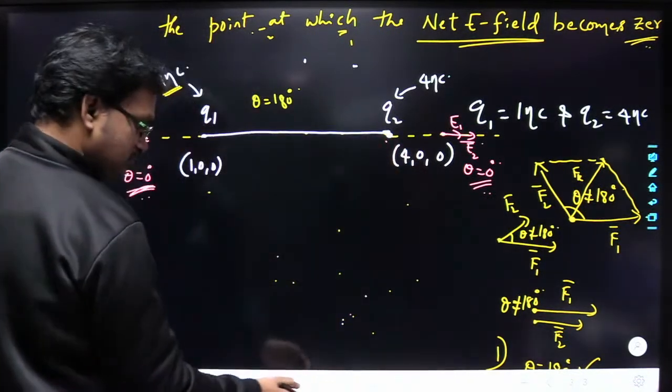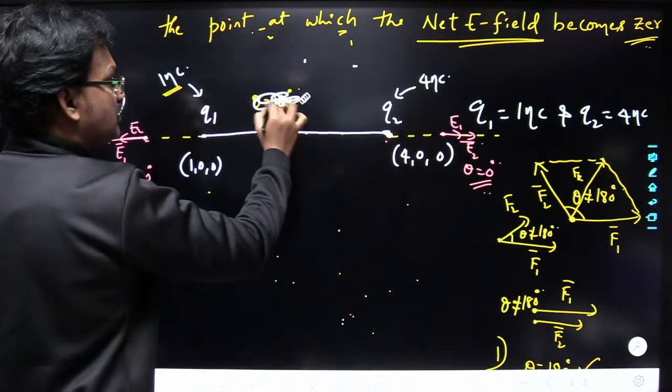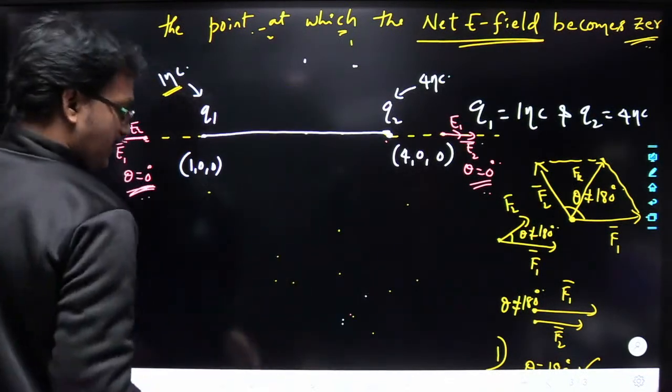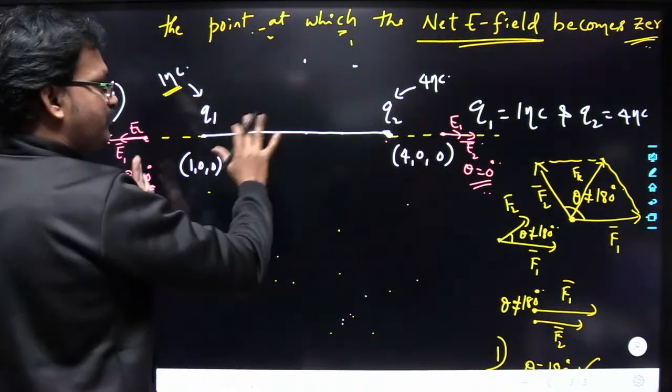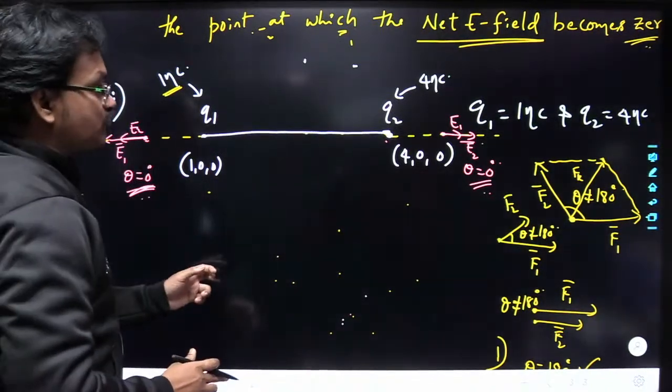So Q1, Q2. The point must be somewhere between Q1 and Q2. That's what we have to find out.